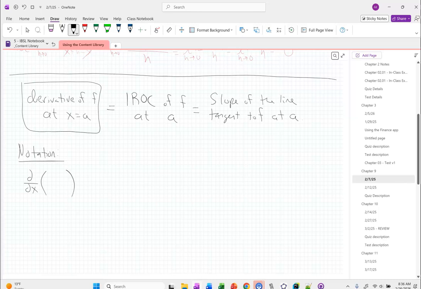Just like if we talk about how to find a square root, I need a symbol to indicate take the square root of this. We need a symbol that means take the derivative of this. That symbol is going to be this d over dx symbol.